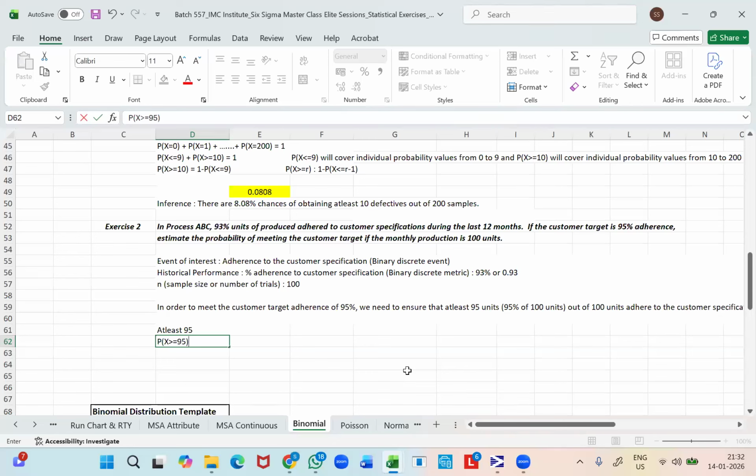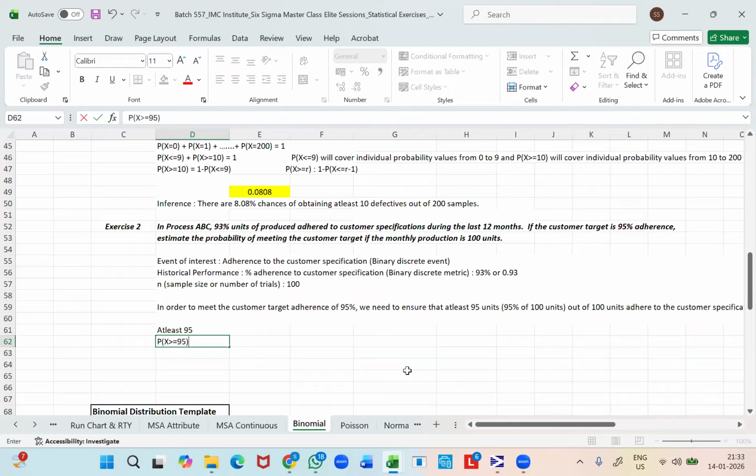So X equal to 95 means you are finding the probability for exactly 95 units out of 100 adhering to the customer specification. But at least 95 is what we need to find, because you would be meeting the target if you are able to ensure that a minimum of 95 out of 100 meet the customer specifications. So it can be 95 units out of 100, or 96, or 97 out of 100, and so on.